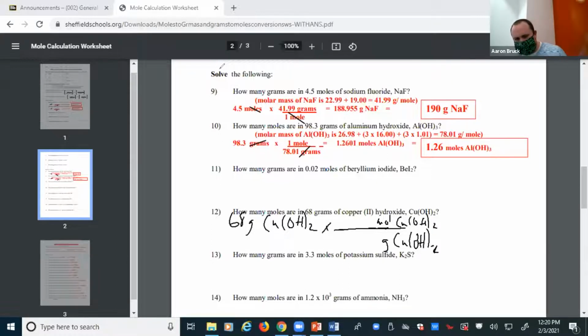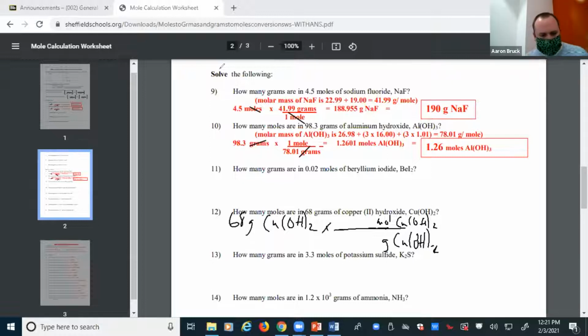Molar mass of copper(II) hydroxide, I have to figure out. Copper is 63.55. Oxygen is 16. But there are 2 of those oxygens, because oxygen is contained in those parentheses. So 16 times 2. And there are 2 hydrogens. Hydrogen is 1.01, multiply that by 2.